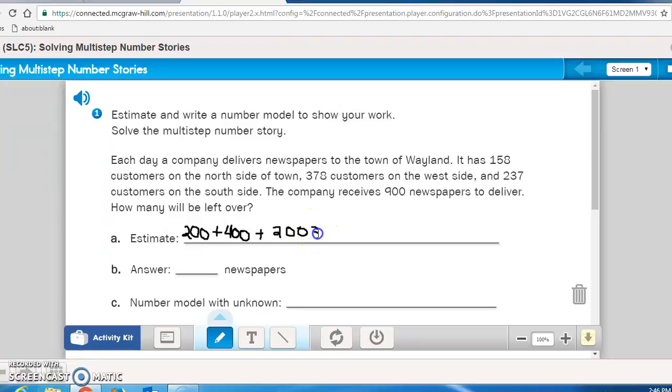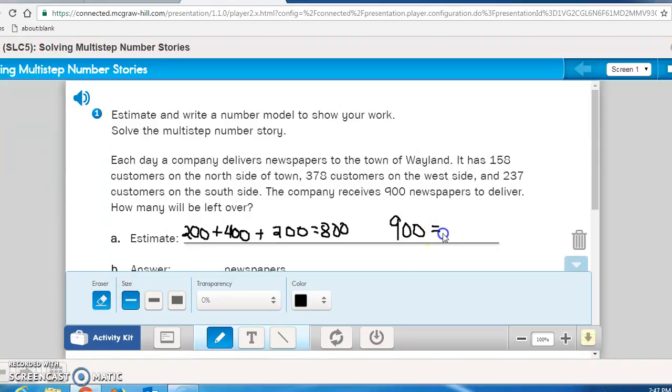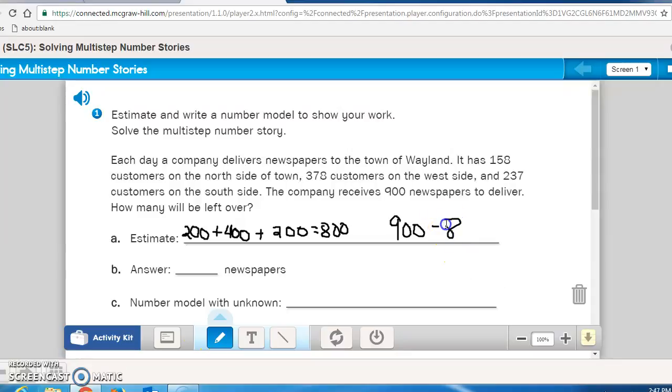That equals 800. It says the company receives 900 newspapers to deliver. How many will be left over in our estimate? Well, I have to take that 900, minus the 800, equals 100. So the answer of my estimate is 100.